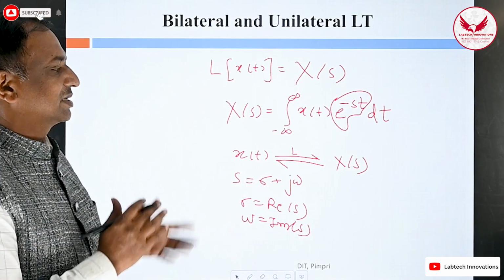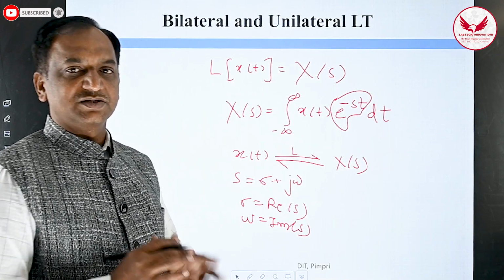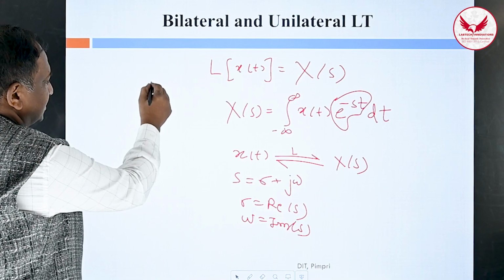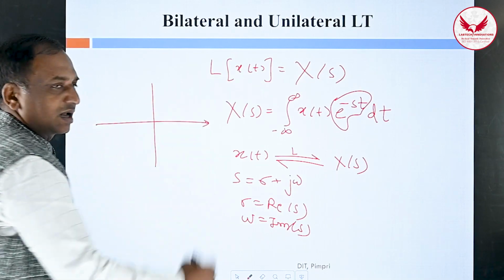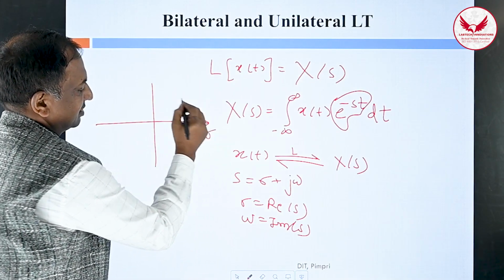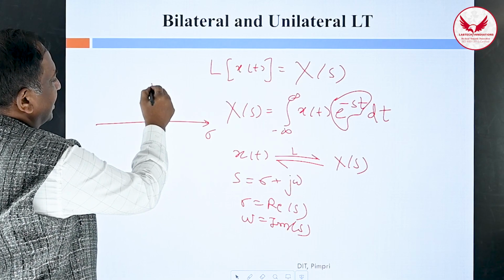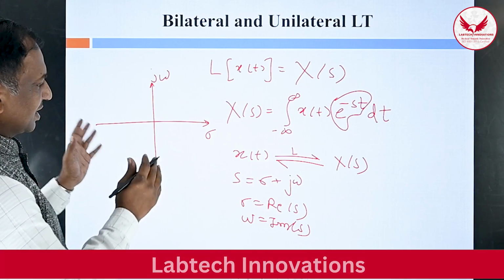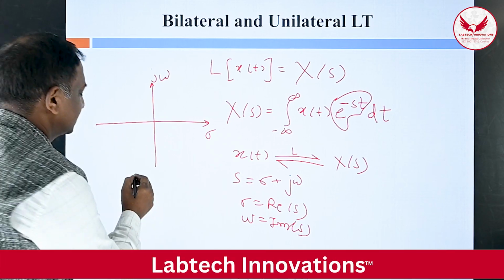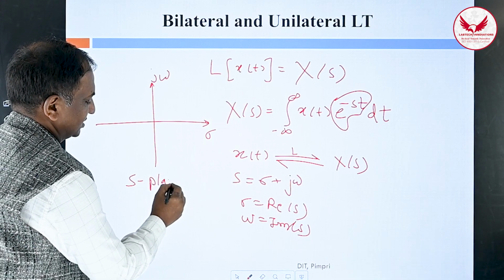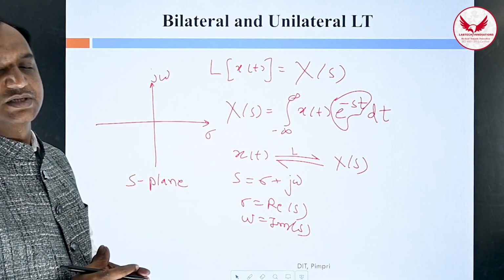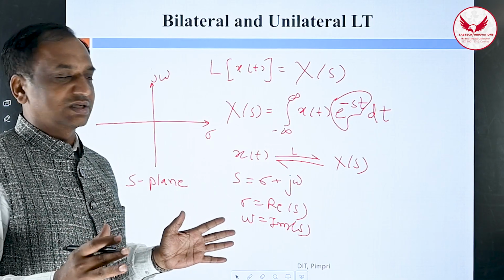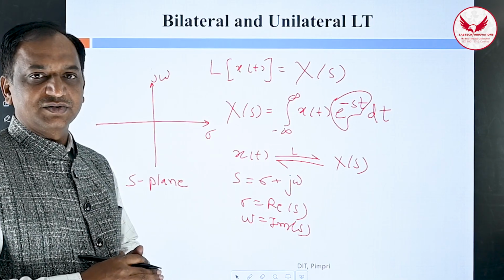Mainly this Laplace transform is used for analysis of the system, and analysis of the system can be done in the s domain, and this s domain or the s plane is a graph with respect to the real part of s, that is sigma, and imaginary part of s, that is j omega. And by locating poles and zeros in the s plane, we can analyze the system, whether the system is stable, unstable, whether it is causal or non-causal. Basically it is used for analysis of the system.